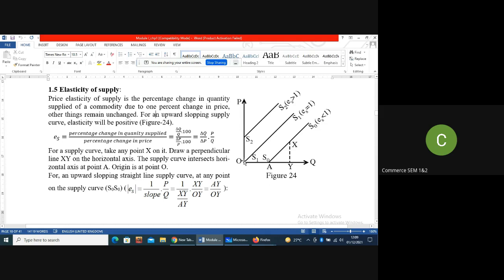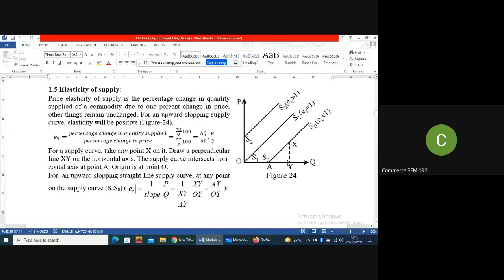Now if the supply curve is a straight line like this here, just take this supply curve S0. Take any point on the supply curve, point X here.